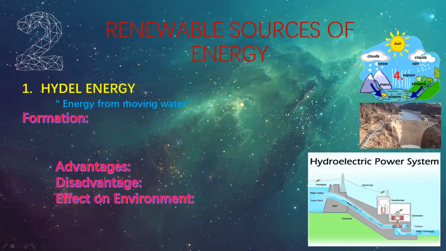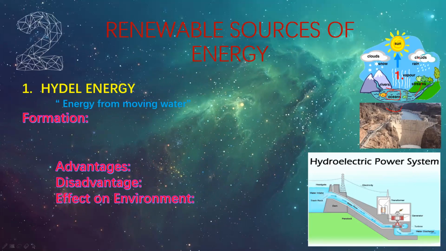Look at this process. When the sunlight falls on the ocean or water, due to the process of evaporation, it evaporates into the atmosphere. When it heats up, it escapes into the atmosphere, and as it rises up, look what happens. It changes into clouds, right?